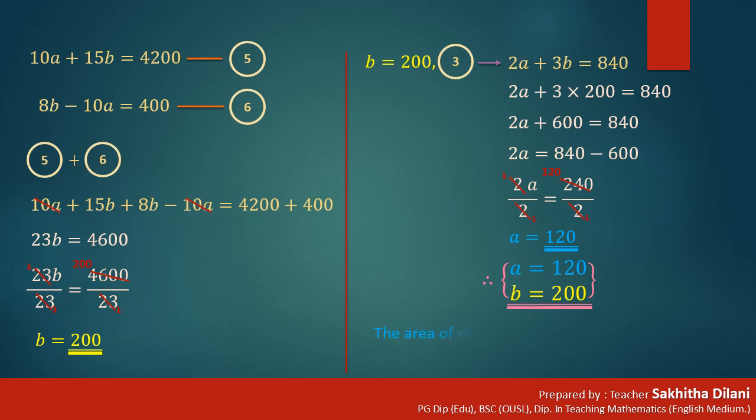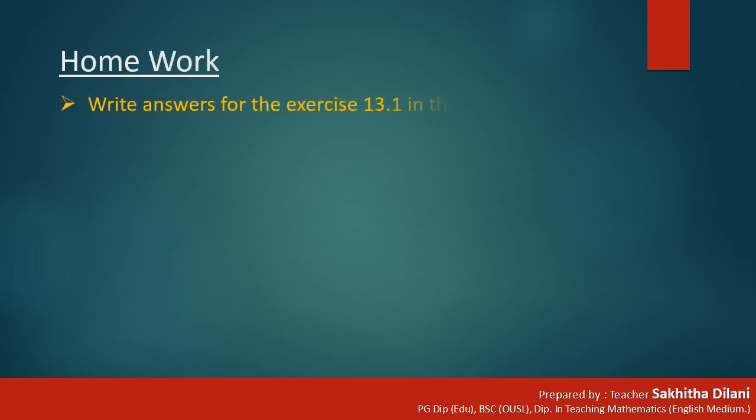Therefore, the area of mother's land is 120 perch and the area of father's land is 200 perch. I think now you have understood how to solve simultaneous equations with fractional coefficients. You are given a homework. Write answers for the exercise 13.1 in the textbook.